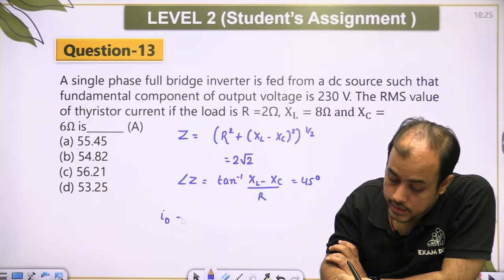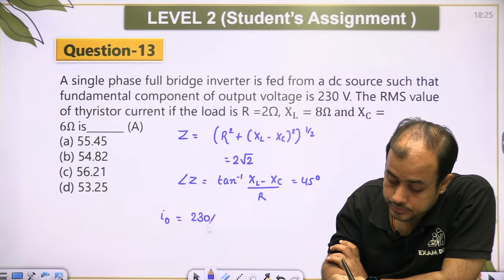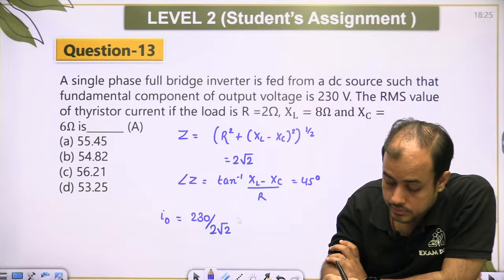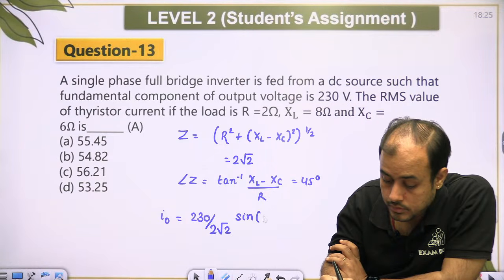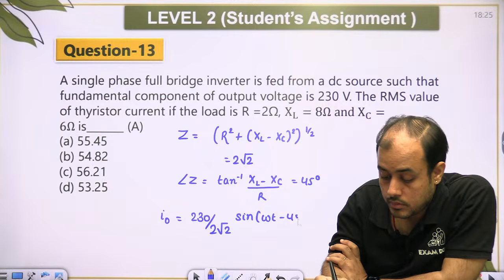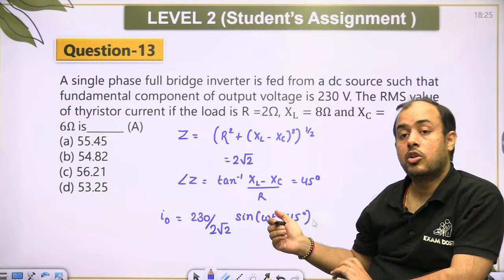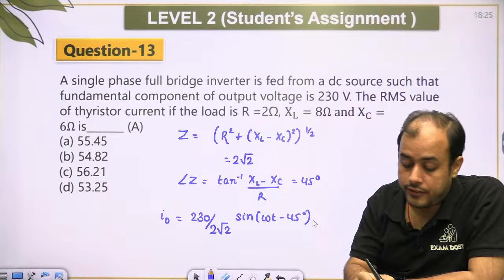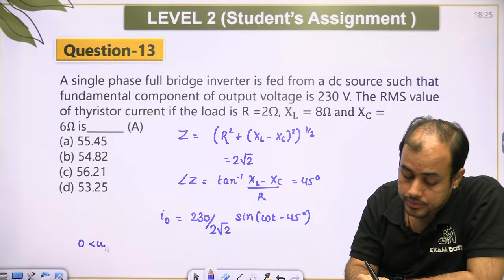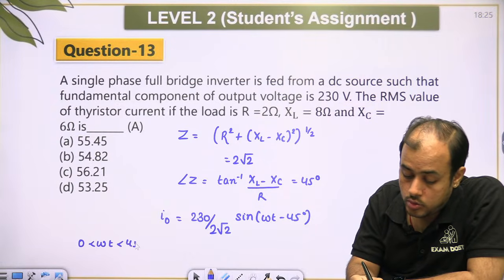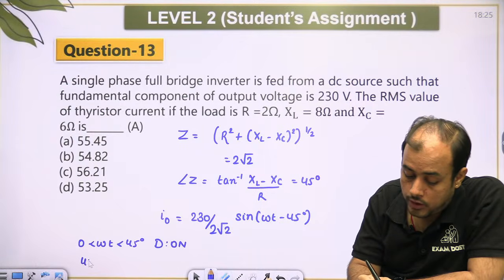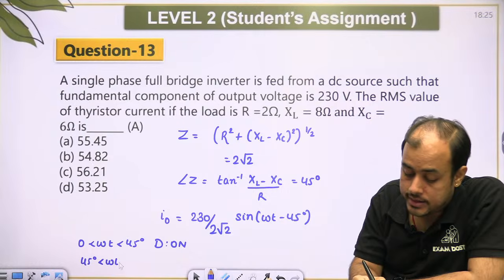So beta current I will take, now because it is lagging by 45 degrees. So 0 to 45 diode will be on, and from 45 in lagging, this is what happens.